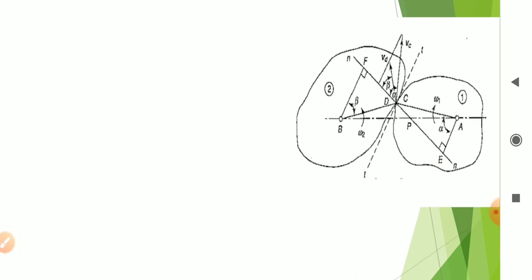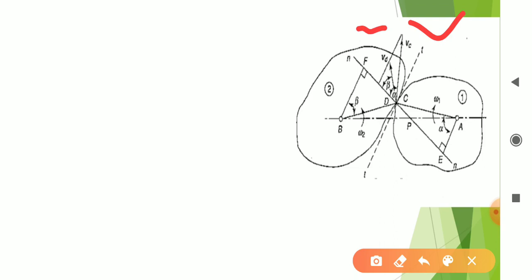Next, this VC is nothing but what? Linear velocity of point C, and VD is nothing but what? Linear velocity of point D. Okay, there are two components of VC, along the tangent TT and along the normal NN.